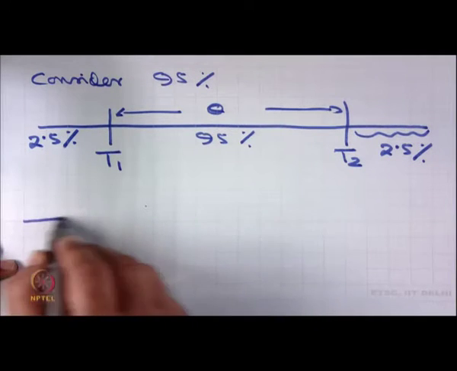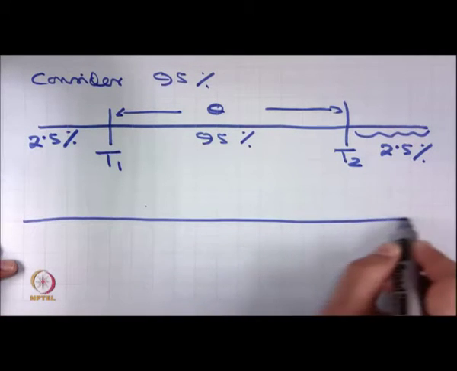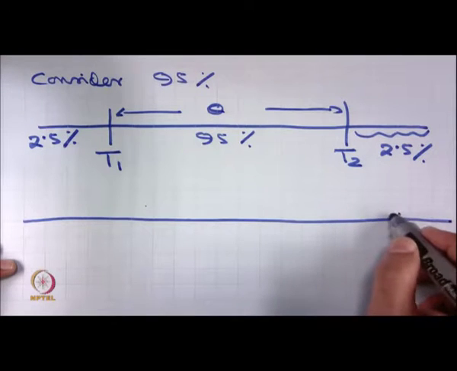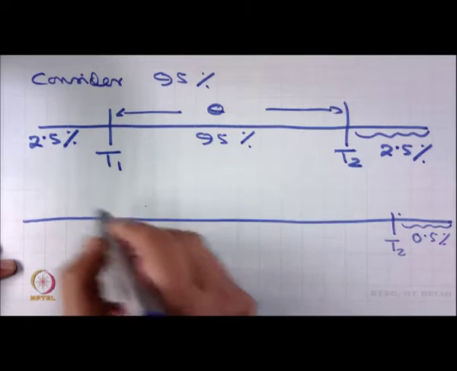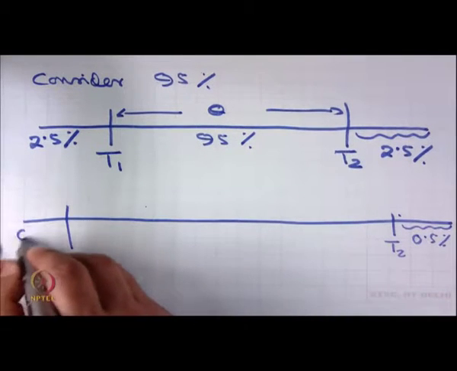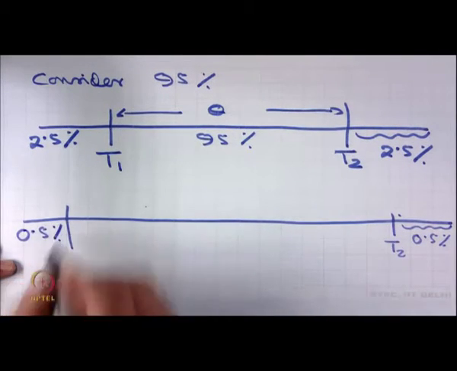If it is 99%, then we will look at a T2 such that the occurrence here is only 0.5% and the occurrence probability here is 0.5%.